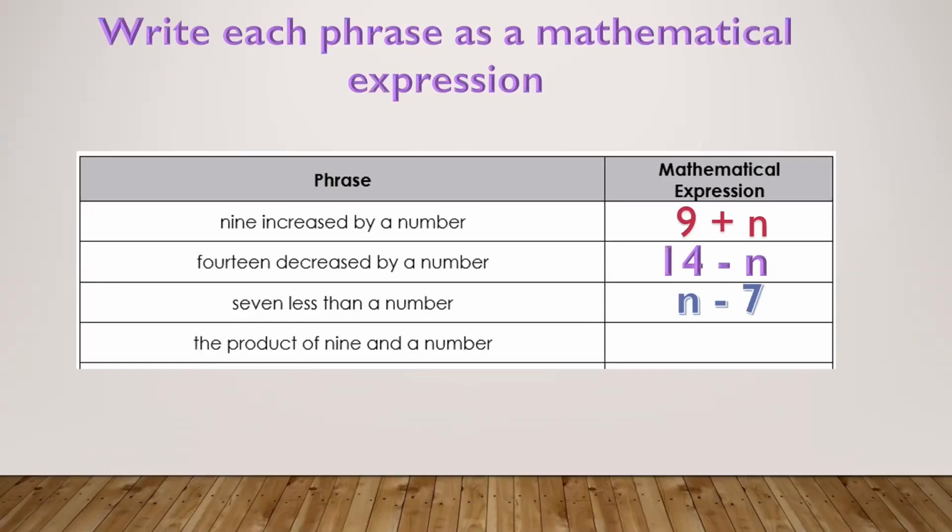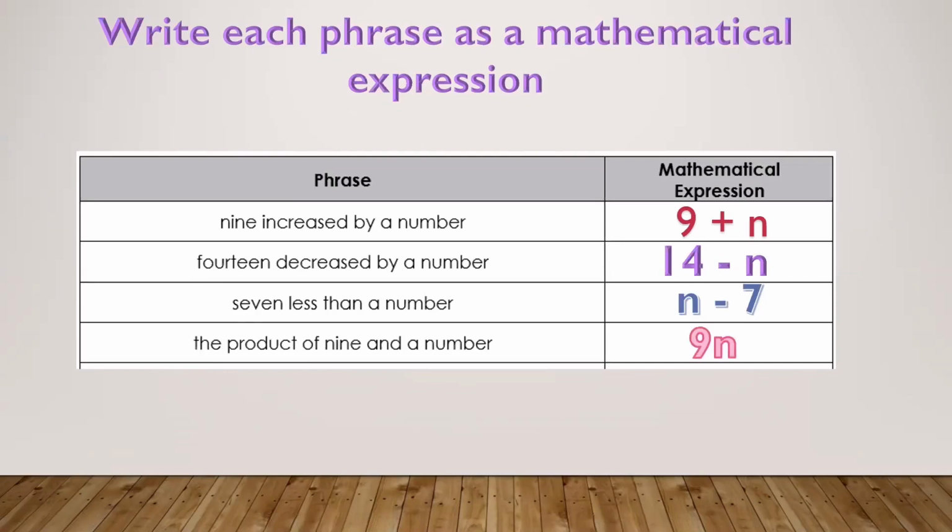And we're going to get into that, and you're going to see this all school year and in geometry and so on. So let's try this last one. The product of 9 and a number. I'm hoping most of you at this point have realized product of means to multiply. But we are in algebra.